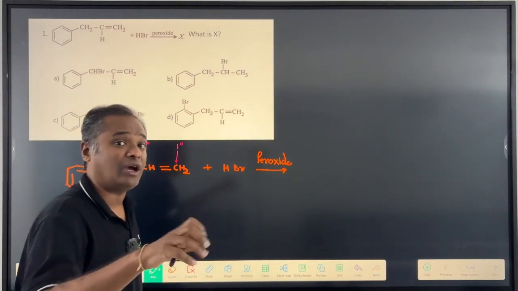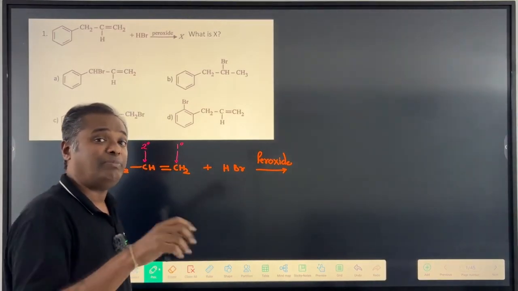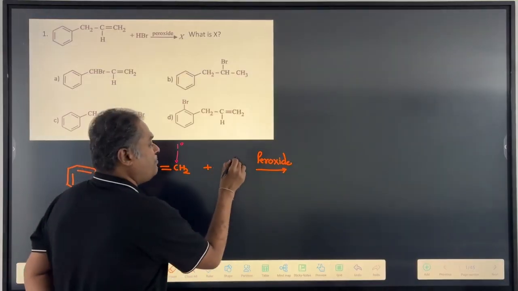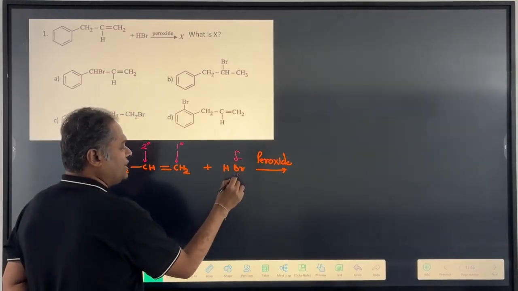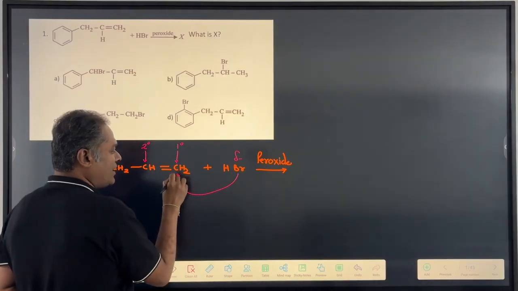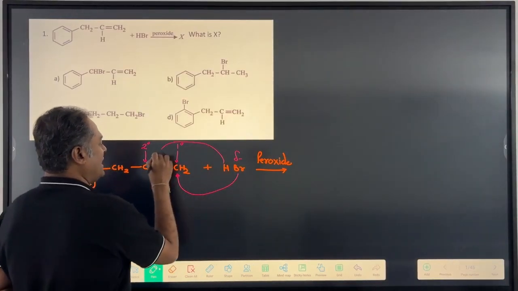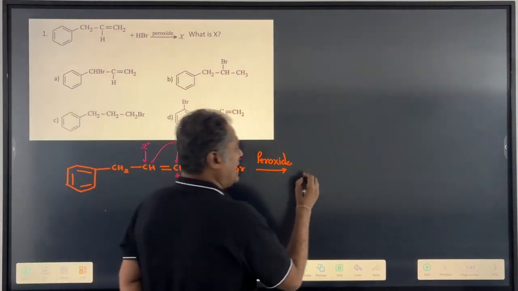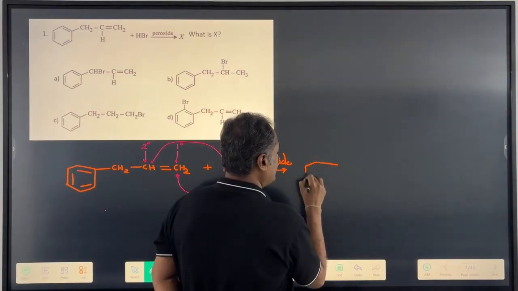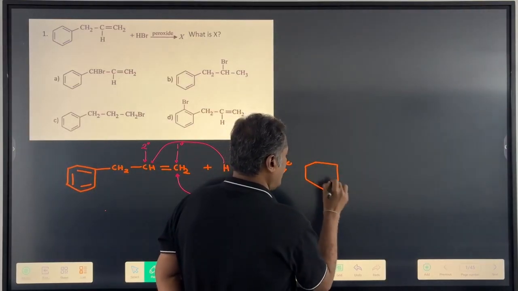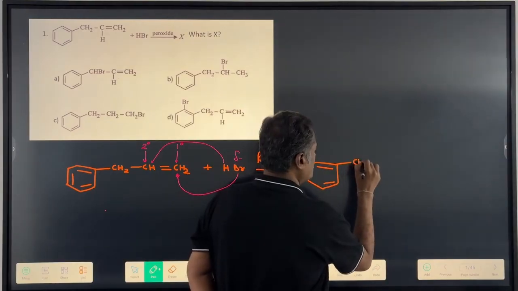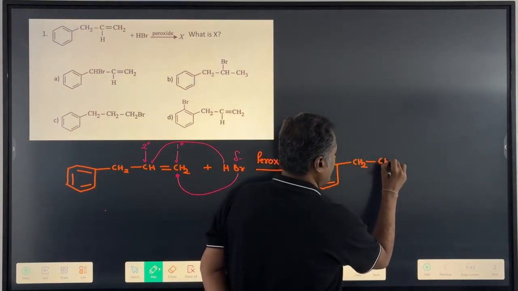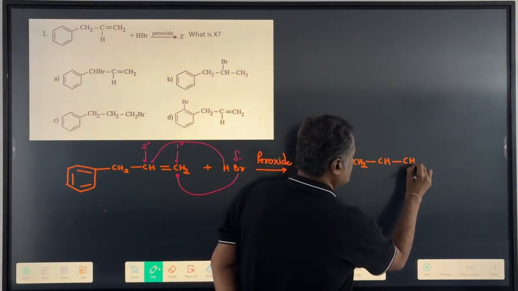But let's apply the concept with the statement: the negative part of the reagent gets attached to the carbon atom containing more number of hydrogens. So your H will get attached over here. The answer is a cyclic ring having a benzene ring in short, then CH2, then CH, then a double bond CH2.